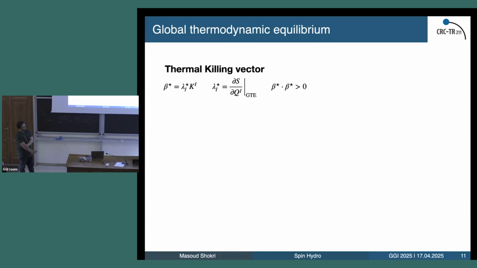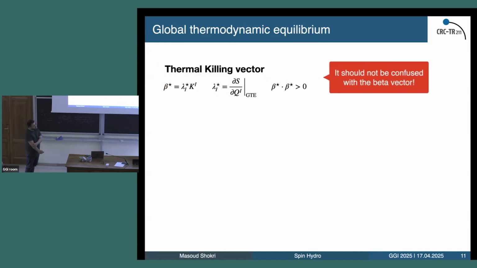And we can make this so-called thermal Killing vector. This thermal Killing vector should be time-like, but it's important not to confuse this with the beta vector. Yeah? So that is why the star is here.